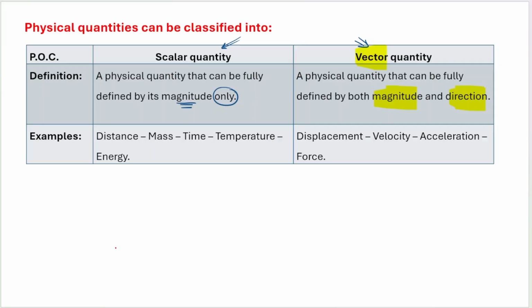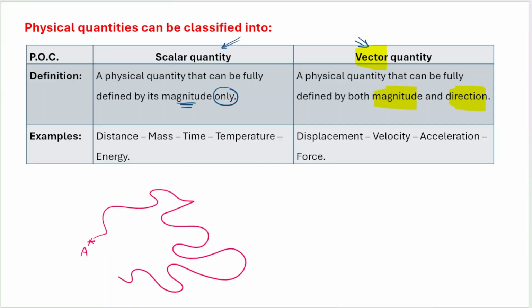For example, if the object started motion from point A, then covered the whole distance, then reached point B. If I'm telling you that the distance covered by this object is maybe 5 kilometers, you don't need to know any extra information.